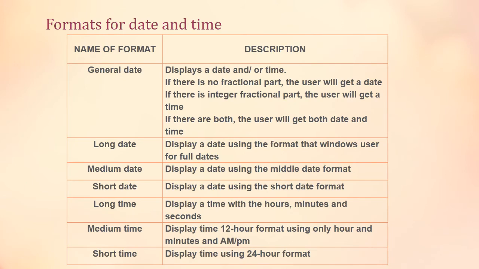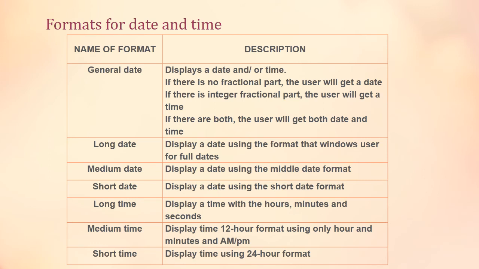We have several format functions for displaying date and time. Some of the format names for date and time are General Date, Long Date, Medium Date, Short Date, Long Time, Medium Time and Short Time. In General Date you will get both the date and time. In Long Date we will get the full date.